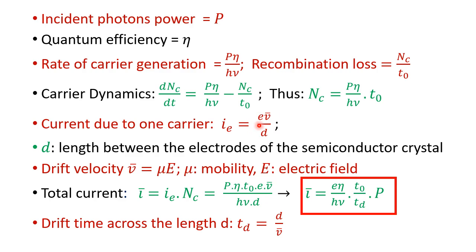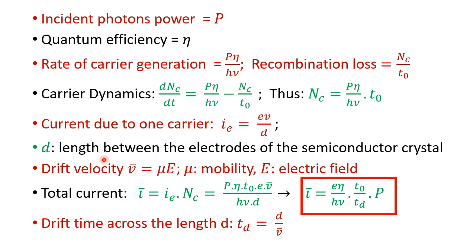So V bar here is the drift velocity, and D is the length of the semiconductor crystal across which the electrodes are kept. That's my external circuit. So D is the maximum distance the electron needs to travel to create a current in the external circuit.